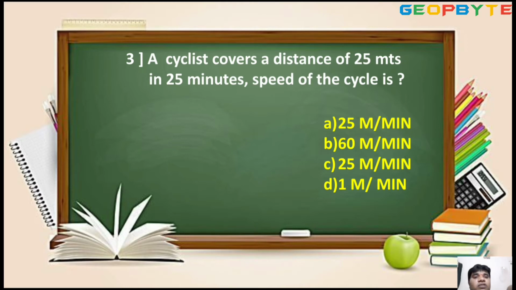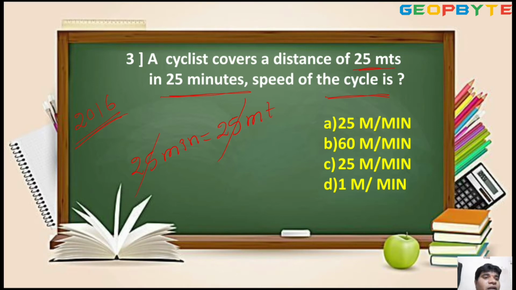This is a 2016 problem, a very easy question. A cyclist covers a distance of 25 meters in 25 minutes. Find the speed of the cycle. 25 meters in 25 minutes, so 25 directly cancels, not a problem.